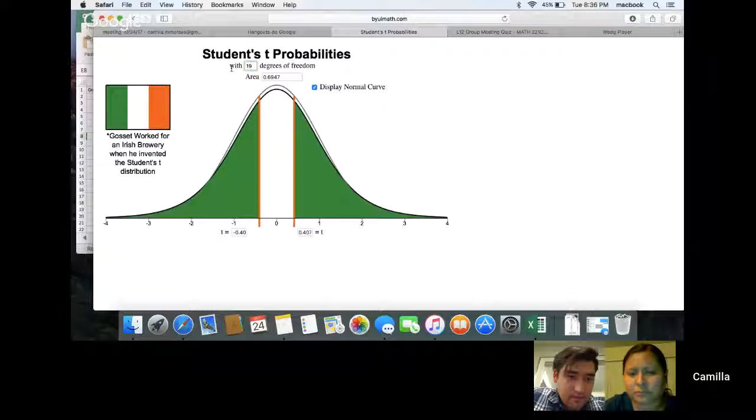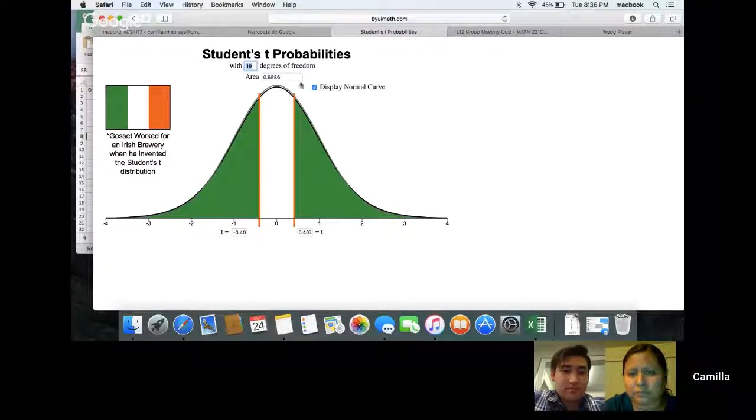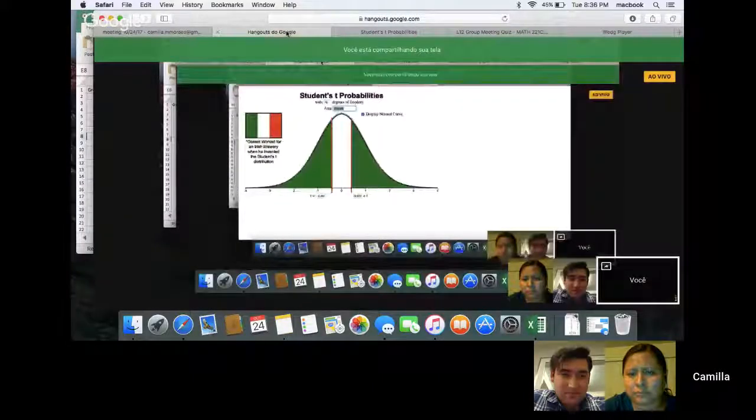And then change the degrees of freedom to 19. Did you change it? There you go. That's it. Oh, that's right. I have to pay more attention. 0.669. Yes.